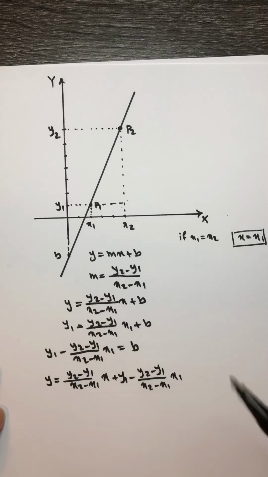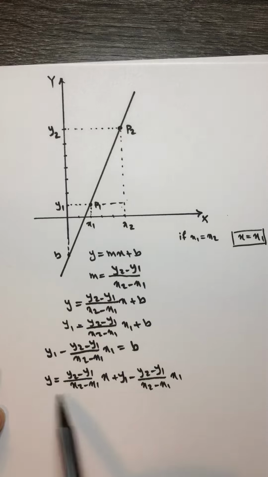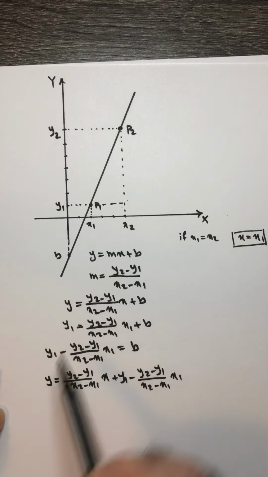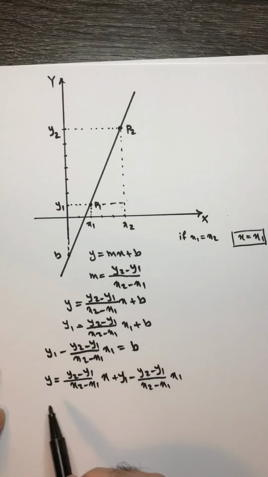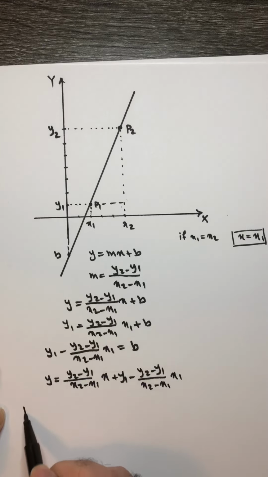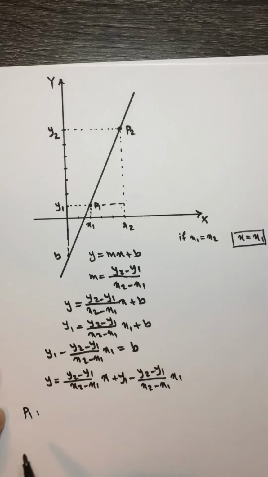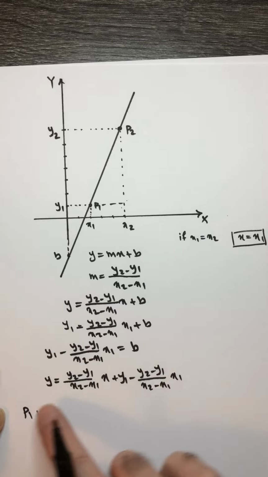For that, we need to check that these 2 points actually lie on this line, fit into this equation. So for point P1, we need to check that if we insert x1 into this equation, we get y1.